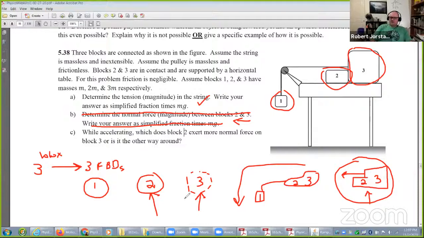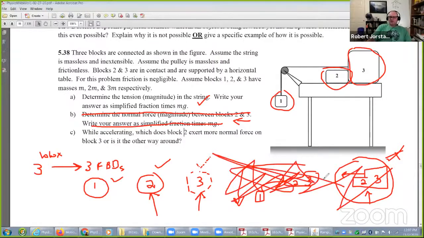And so I would actually choose, if I was trying to be as efficient as possible, this one, and this one. However, if I didn't want to be clever, I'd just do 1, 2, and 3 and get the job done and forget about this system stuff. And that will always work. So those are the 2 ways you might approach this one.